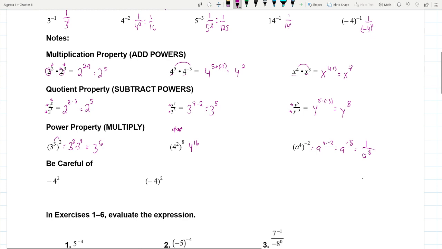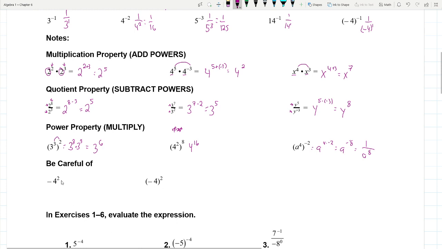All right. Now, anytime we're doing stuff like this, there's always a be careful of type thing, and this is an example of it. Looking at these two, you might not think there's any big difference between them. You might be like, okay, negative 4 squared, and in parentheses, negative 4 squared.